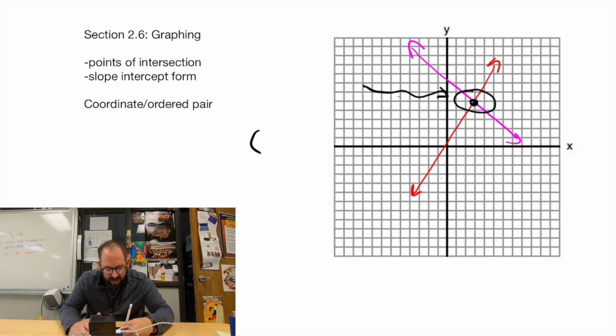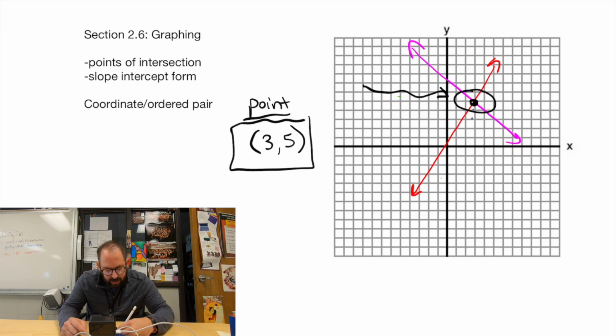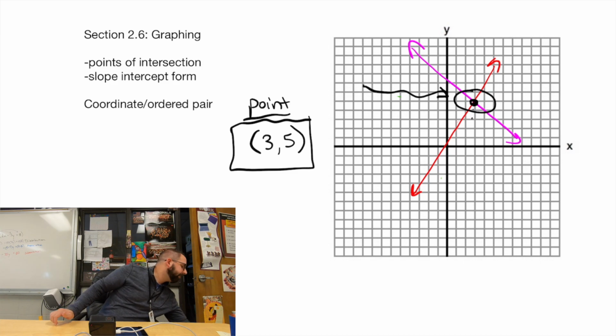The coordinate for that is over 3 to the right, and then up 1, 2, 3, 4, 5, up 5. This is the goal. Can you find that point, that coordinate? Does that make sense to everyone? Hopefully it does.